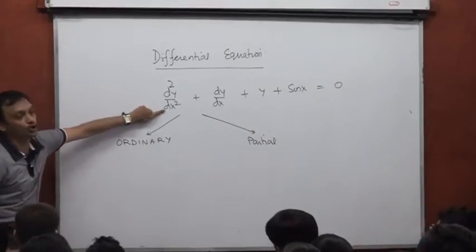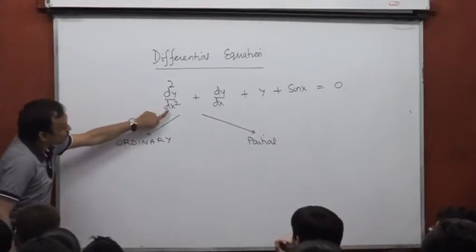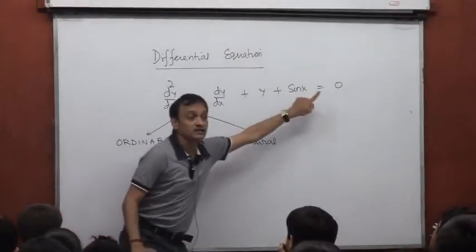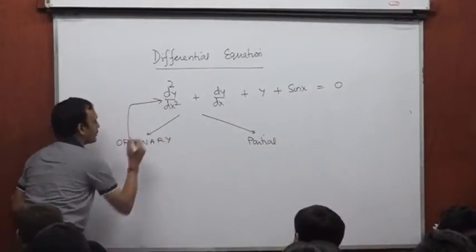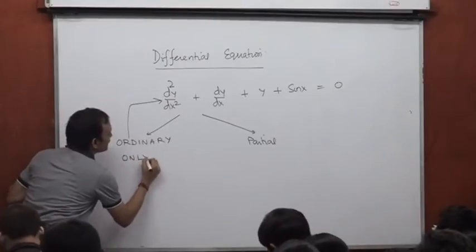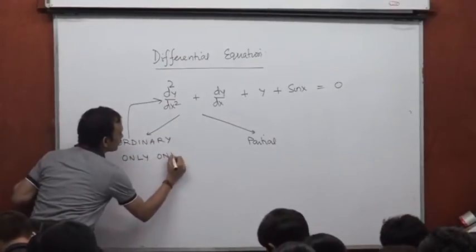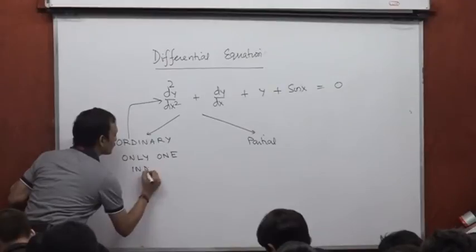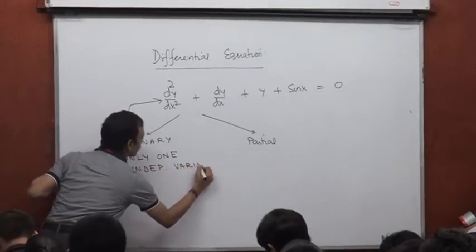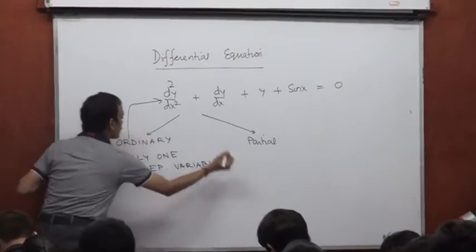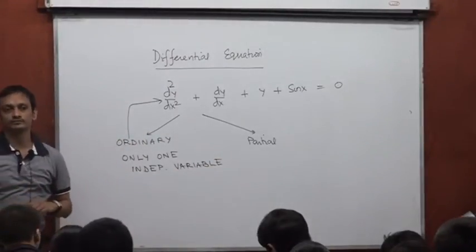For example, this is an ordinary differential equation. The only independent variable here is x, right? This is an ordinary differential equation, only one independent variable.